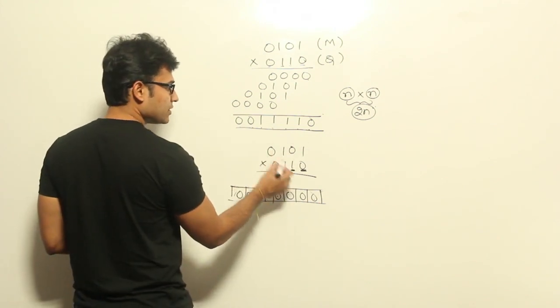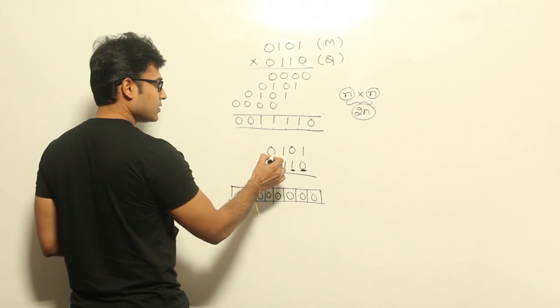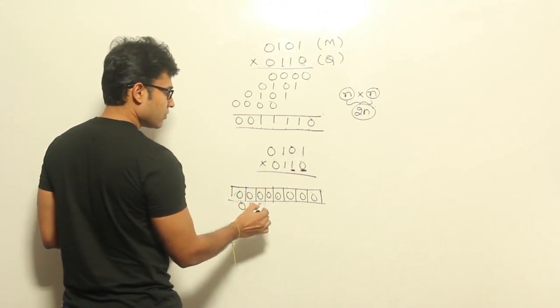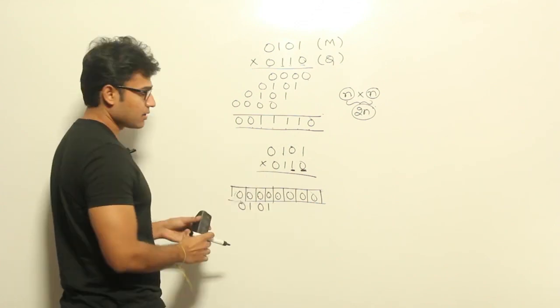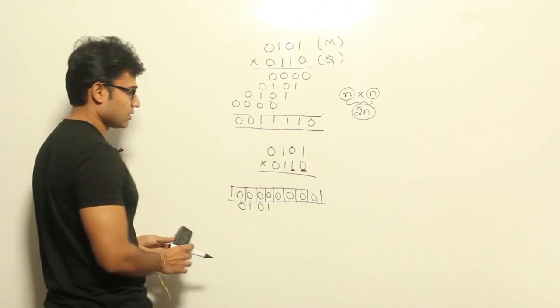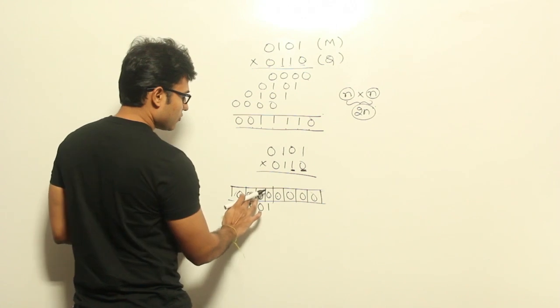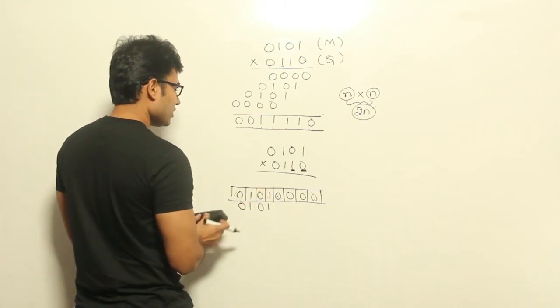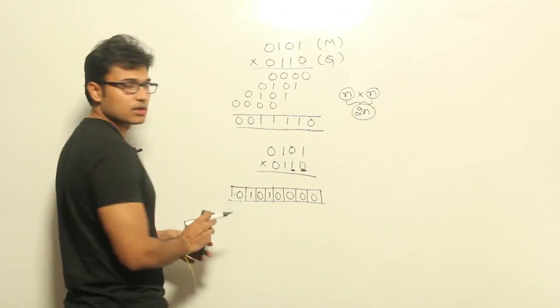Now if I multiply this one with this, the result I get is 0 1 0 1. So that is why I write 0 1 0 1 here, and I add these two. So what do I get? Here I get 1, and here I get 1, and after that you are supposed to shift it right.